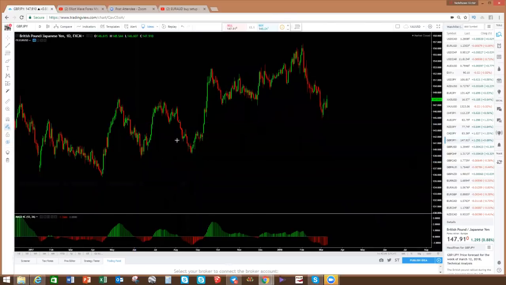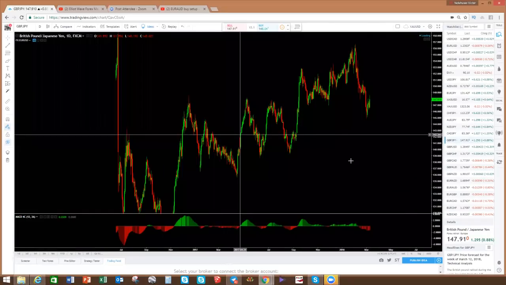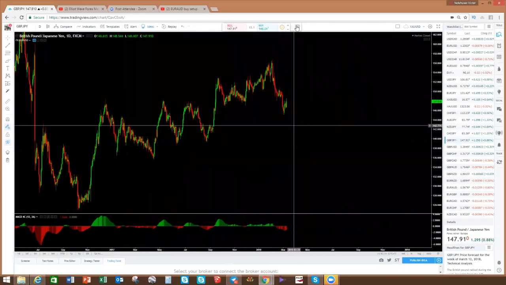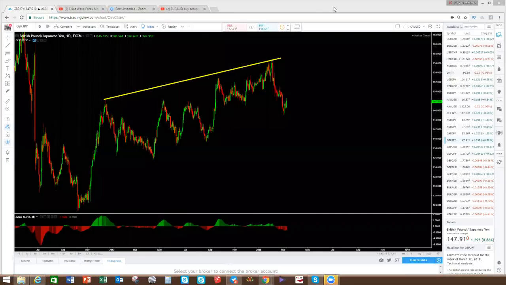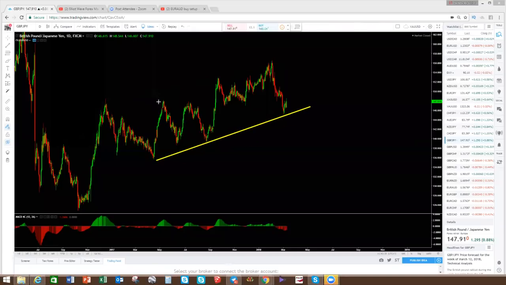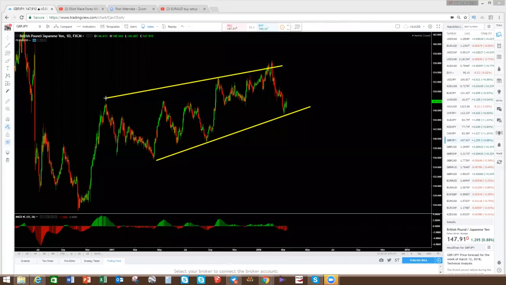What you have here is this move: a 1, a 2, a 3. So we are waiting for this to correct all of these 3 waves. If these 3 waves are corrected, then this should carry on with the move down. Right now, it is just in correction.